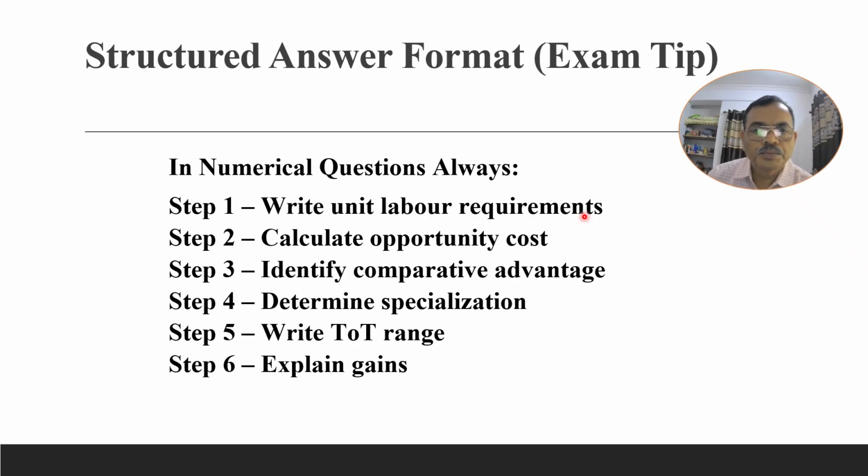That means write down aLC, aLW for both countries. This shows that you understand the given data. Next, step 2: calculate the opportunity cost for each good in both countries. Remember, opportunity cost is the ratio of unit labor requirements.